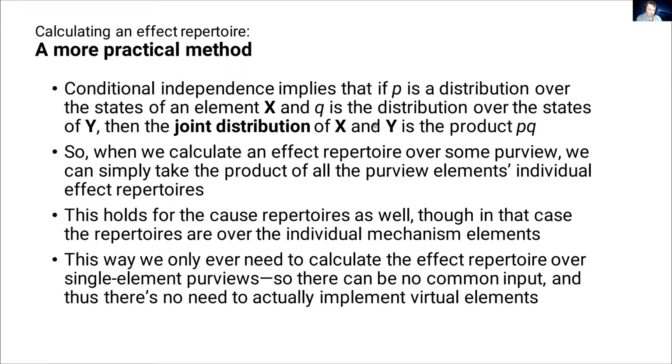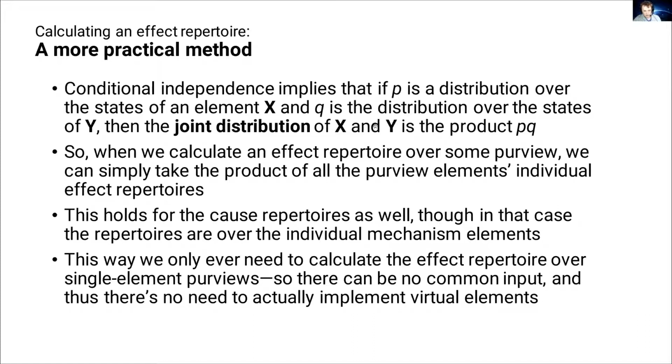And this conditional independence of all of the elements at some time point from any of the other elements at that time point means that we can get the joint distribution of a number of elements, so some purview comprised of multiple elements, by just taking the product of the effect repertoires of individual elements.